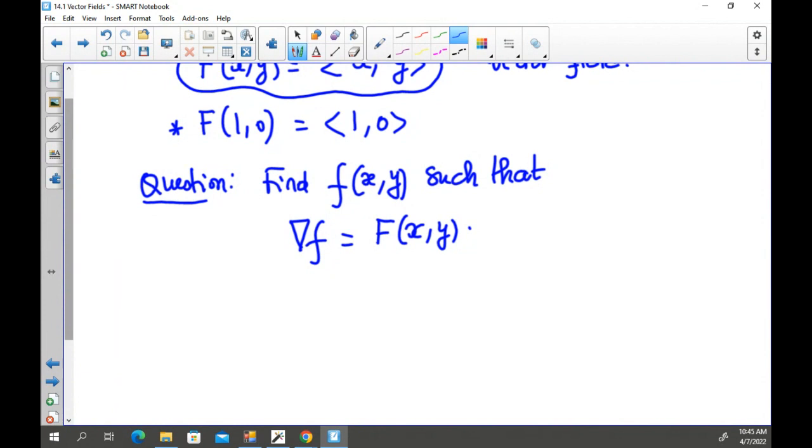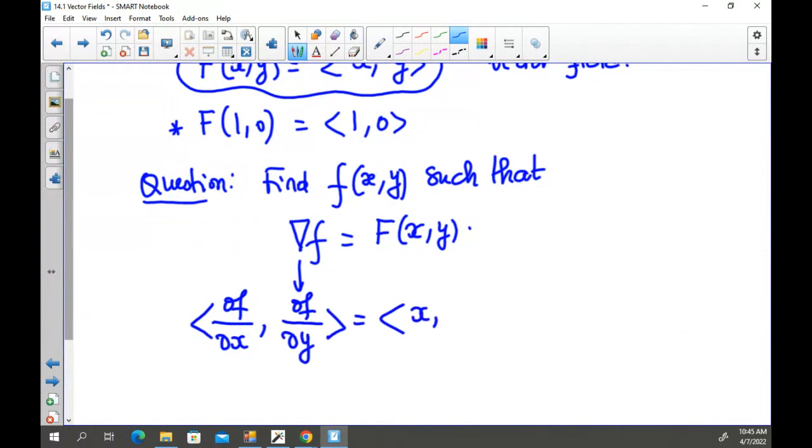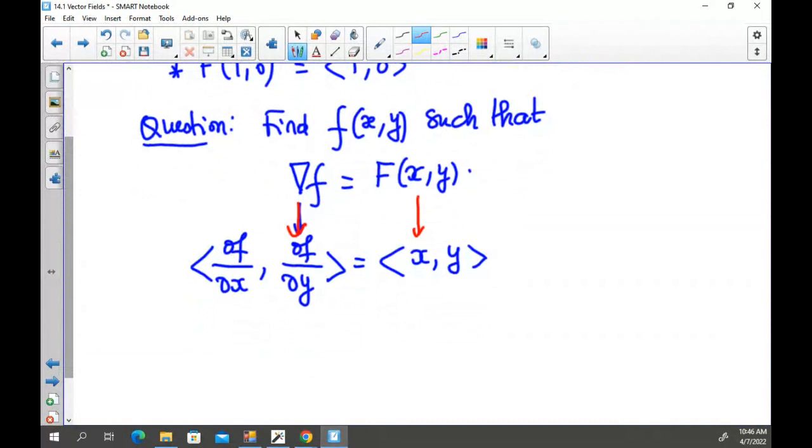So, can I find such a function, small f, like this? What I want then is a function small f so that the gradient, which is df over dx, df over dy, is equal to (x, y). This gradient is df over dx and df over dy.